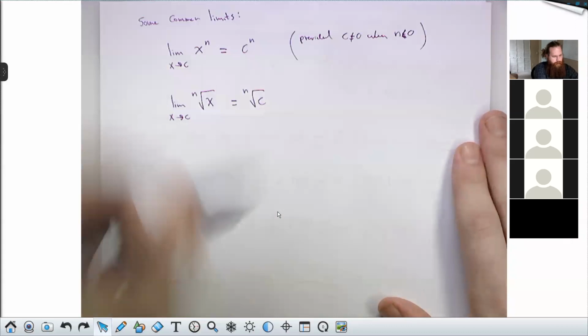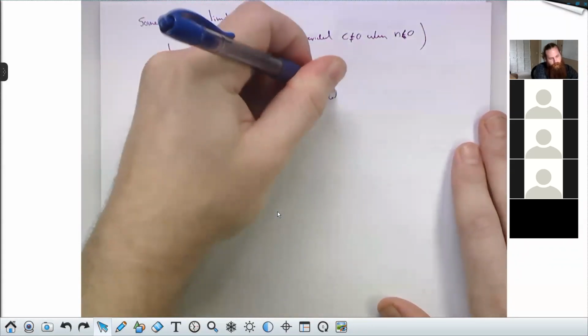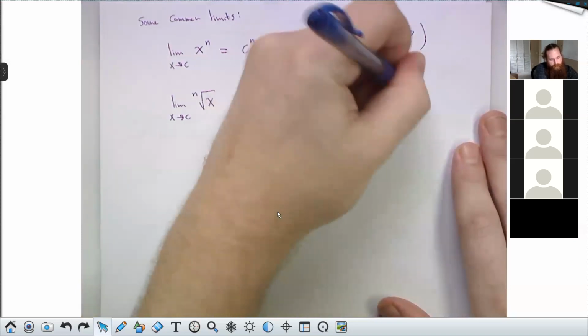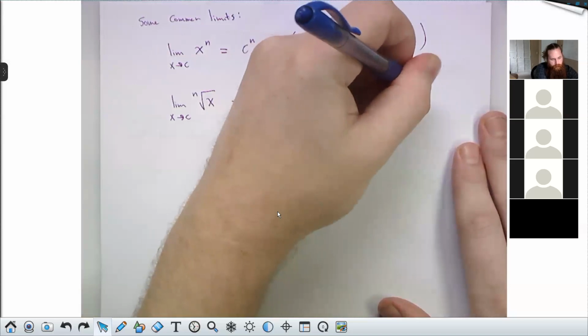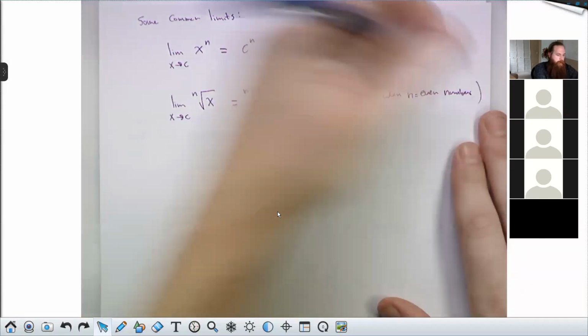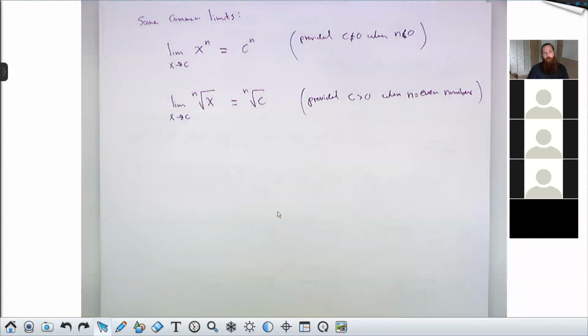And the same deal here, you need provided c is positive when n is an even number. Because of course you can't take an even root of a negative number, at least not without getting complex numbers, and if we were to start working with complex numbers, then calculus actually becomes considerably harder to work with.